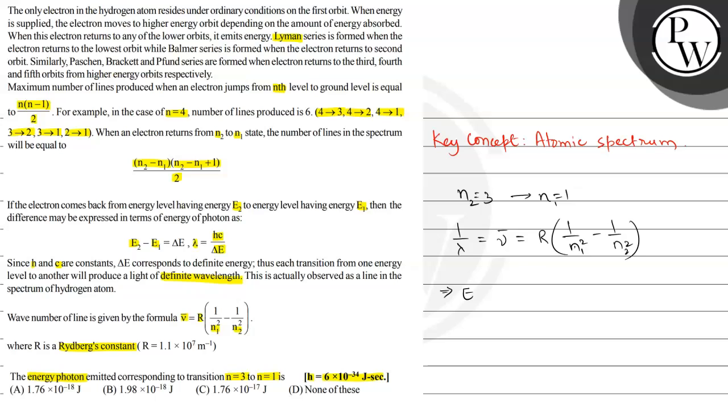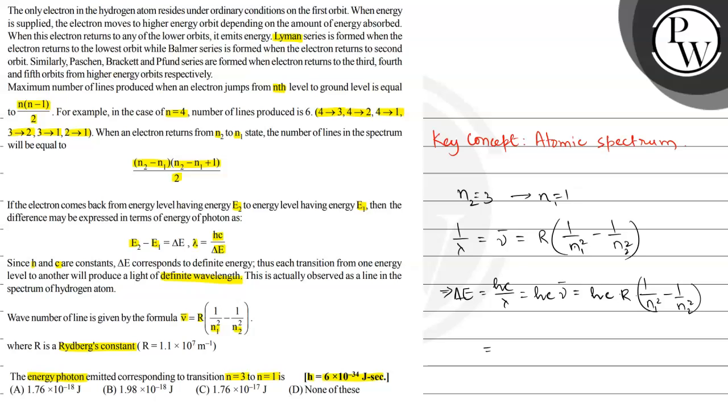as we saw that lambda is equal to hc divided by delta E. So delta E will be hc divided by lambda. Delta E will be equal to hc divided by lambda. So here also we will multiply by hc, hc nu bar, which is equal to hc multiplied by R multiplied by (1 by n1 square minus 1 by n2 square).